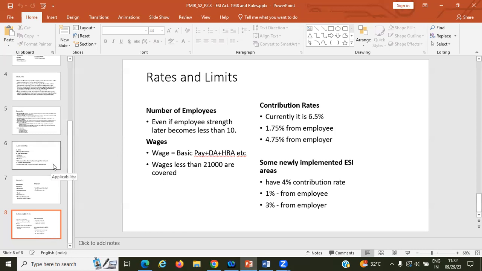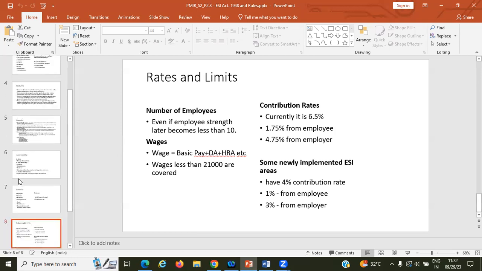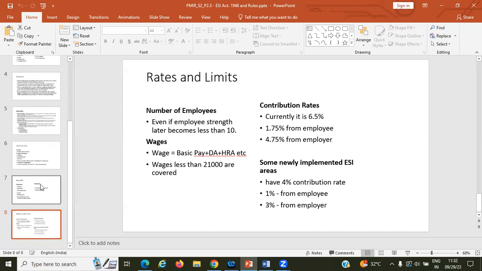Remember this. This slide has a lot of numbers and figures that are important for your MCQ.